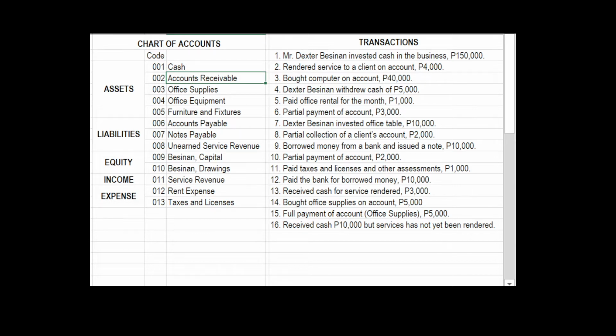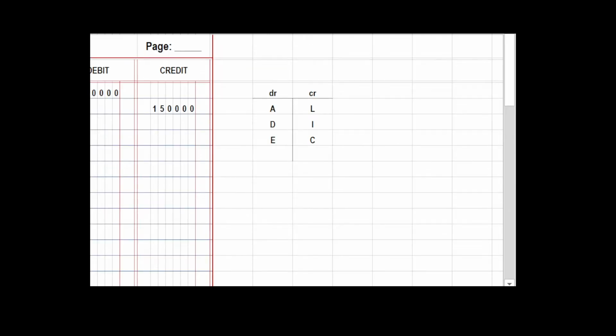So again, kung maalala nyo, yung sinasabi kong ADE and leak. So, yung normal balances ng ating assets, drawings, and expenses, ito is nasa debit. So, pag nilagay natin sila sa debit, ibig sabihin, tumataas yung kanilang value. Dito naman sa credit side, si liabilities, income, and capital.